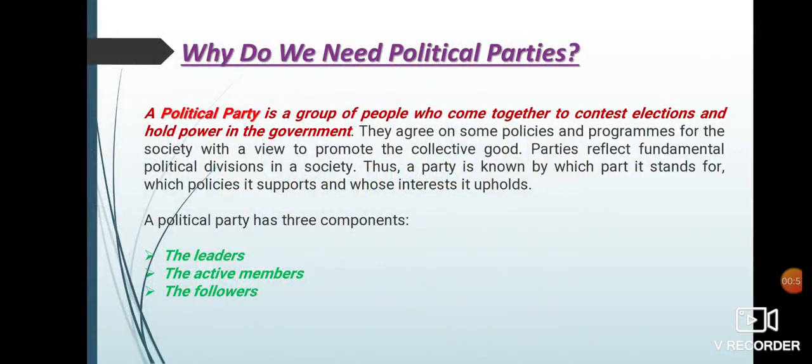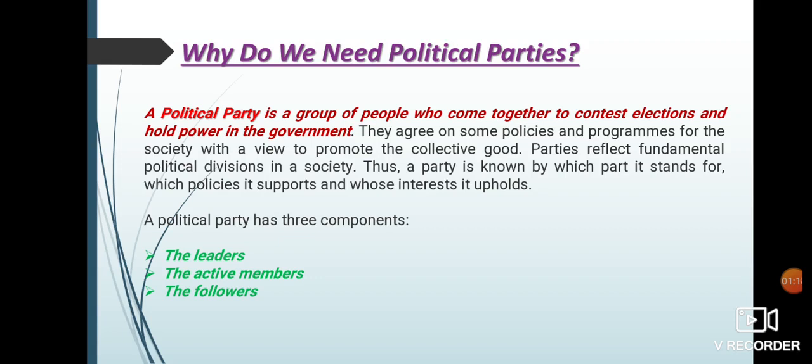Why do we need political parties? A political party is a group of people who come together to contest elections and hold power in the government. They agree on some policies and programs for the society with a view to promote the collective good.